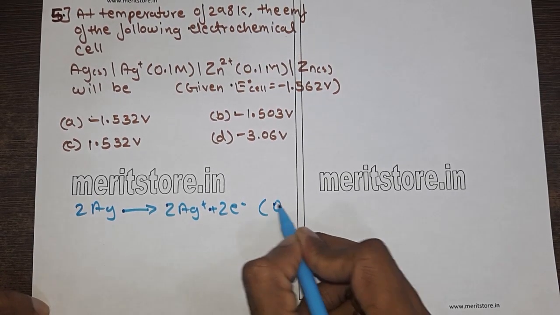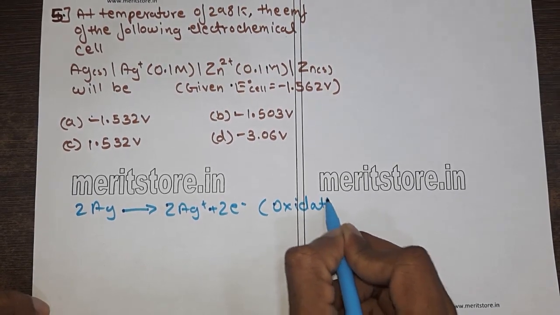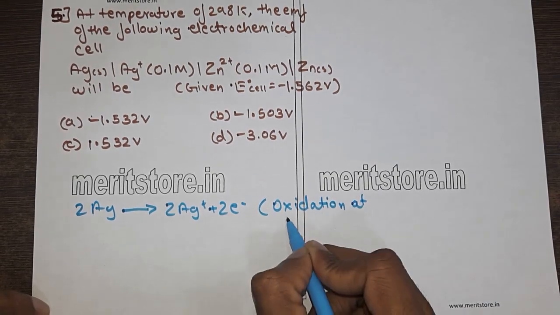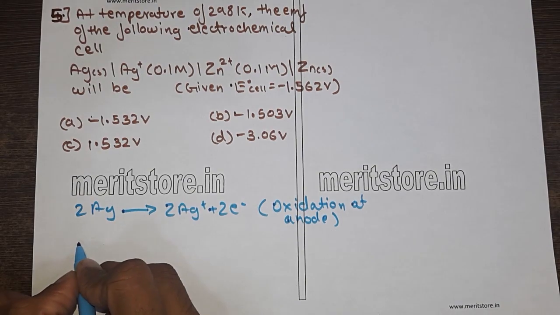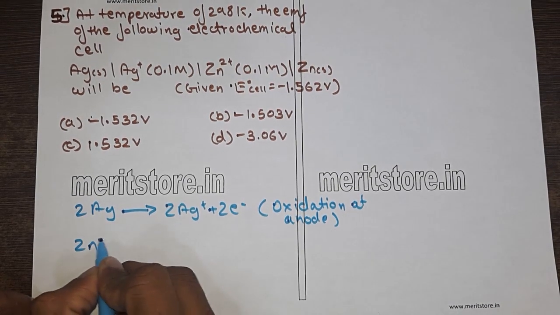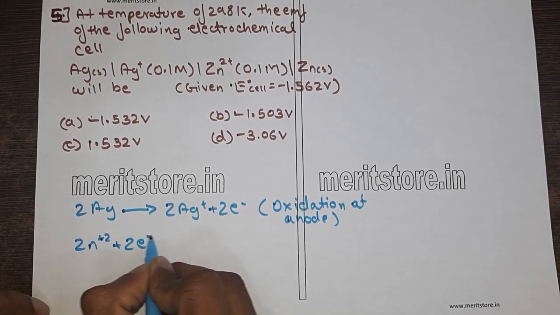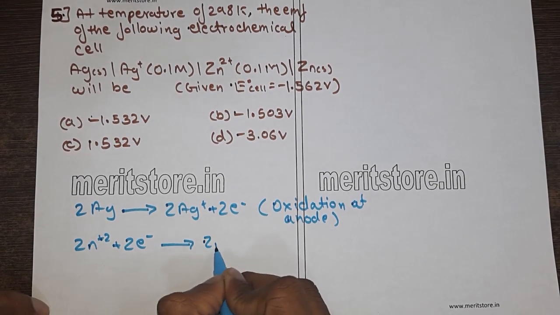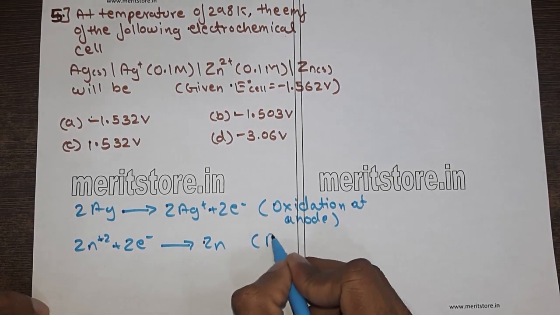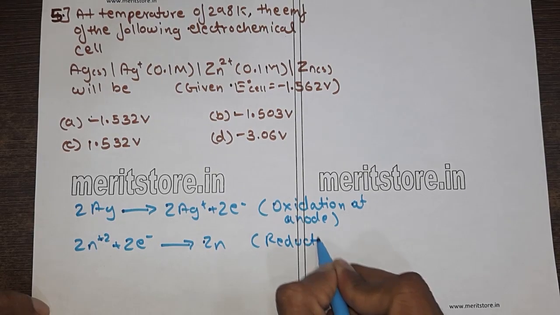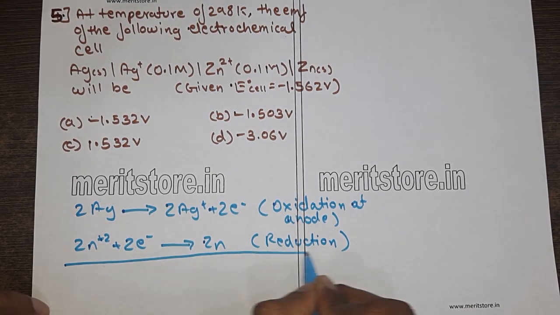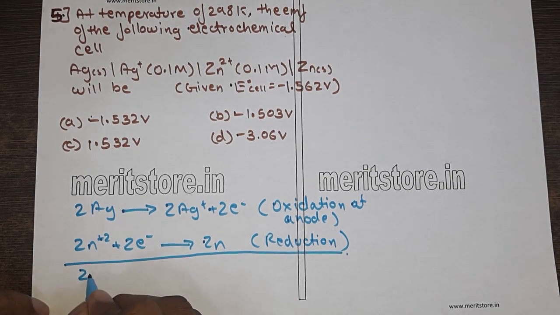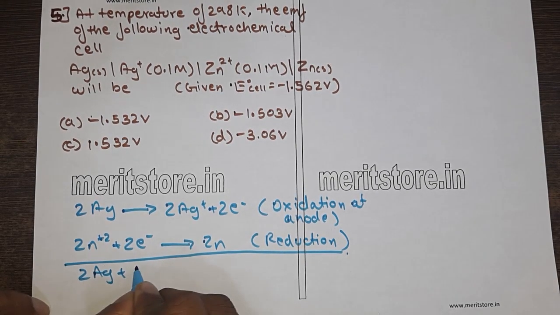This is an oxidation at anode. Zn2+ plus 2e- gives Zn. This is a reduction at cathode.